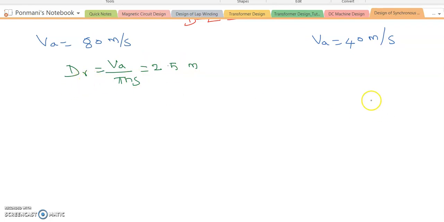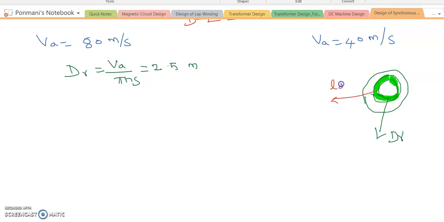It is a turbo alternator. This is the rotor, the inner one is the rotor, and this is the rotor diameter Dr. In between stator and rotor we will have the air gap. This space represents the air gap, and the length of the air gap is Lg, which is given in the problem.